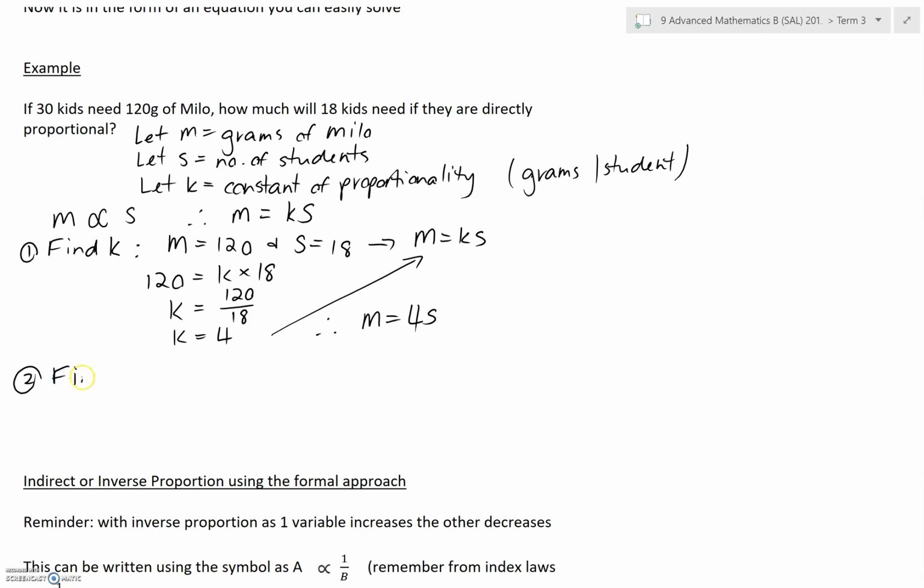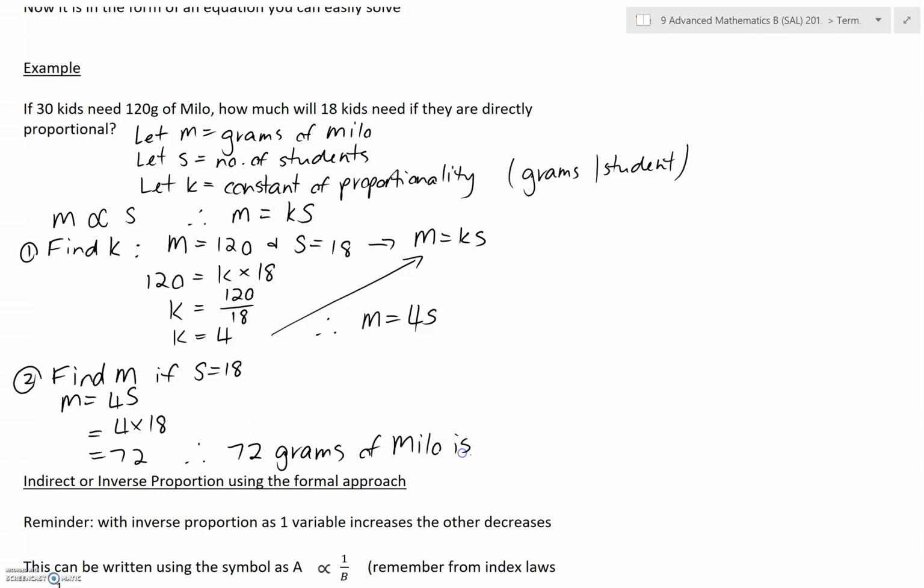So we want to find M, how many grams of Milo, if the number of students equals 18. That's what it told us in the question. So M equals 4S is the equation we're going to use now, which equals 4 times 18, which equals 72. And that's the answer to our question. 72 grams of Milo is needed for 18 students.